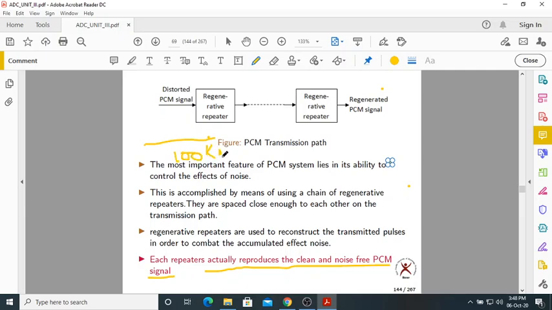If you don't remove noise along the transmission path, noise may get accumulated. To avoid that, what are we doing?